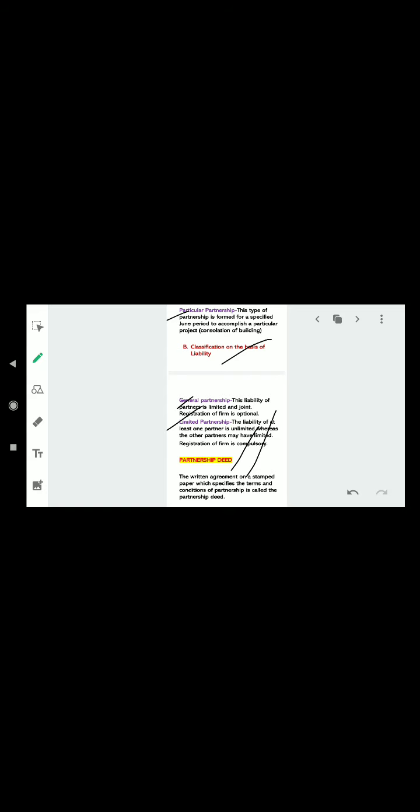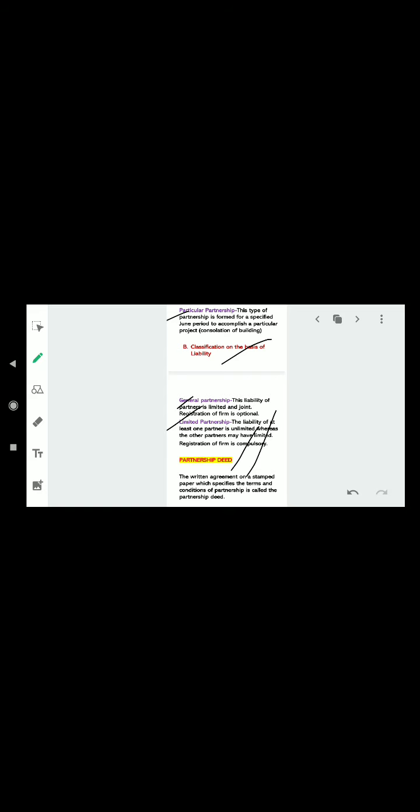The contract or agreement may be oral or in writing, and an agreement in writing is preferred to avoid misunderstanding later on. That means a document containing the terms and conditions of the partnership agreement is called a partnership deed.